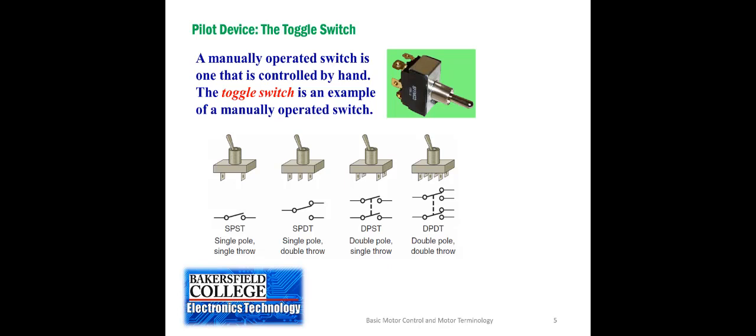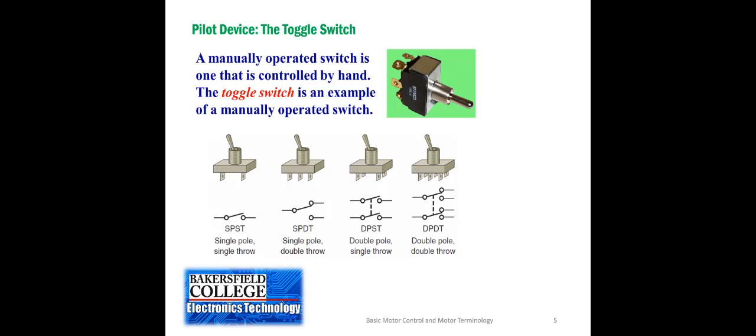It does on these other ones. But single pole means that there is one movable set of contacts per circuit. Double pole means that there are two movable contacts per circuit.